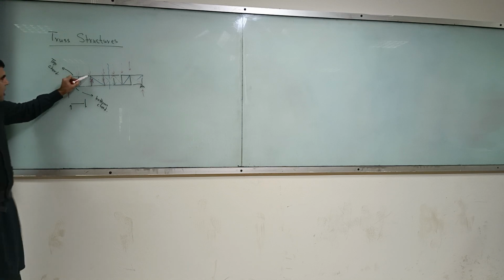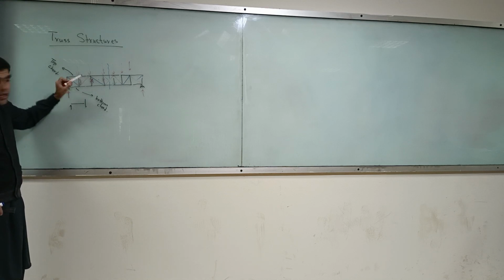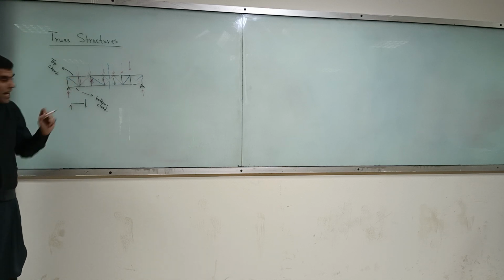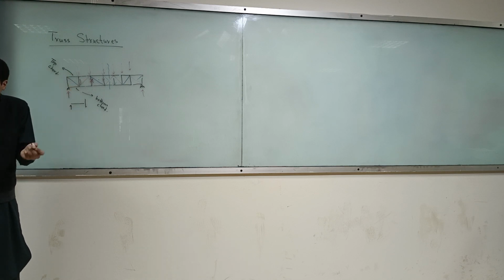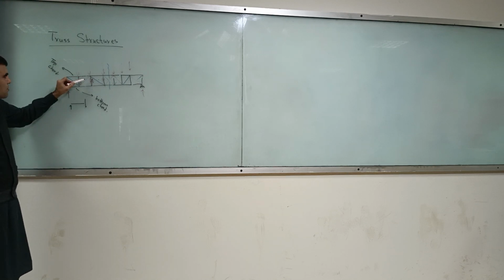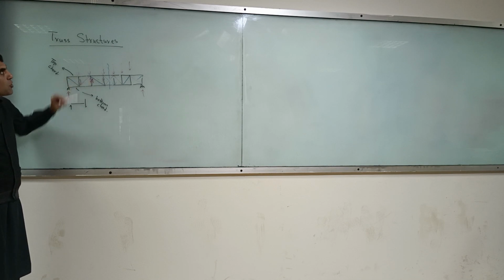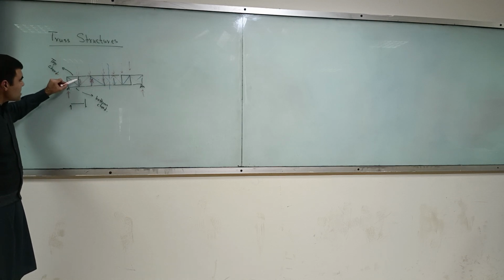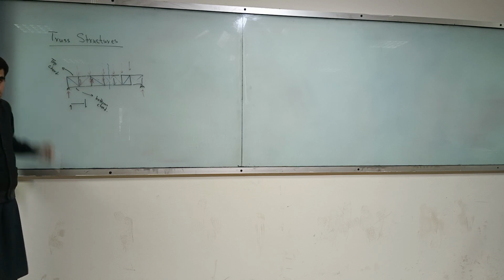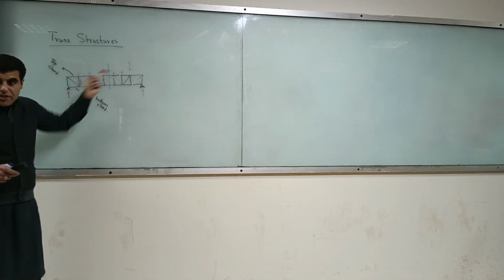Now look, this joint has got 3 members running into it, so you can't tell. You have to do summation of Fx, Fy equal to 0 before working out how much load is running into this one. Do you understand my point? But this one is easy. This one has got only this force running into it. And similarly, this one has got 0.